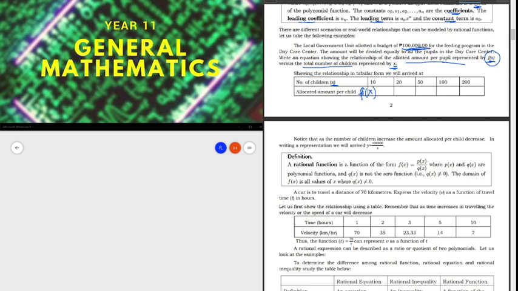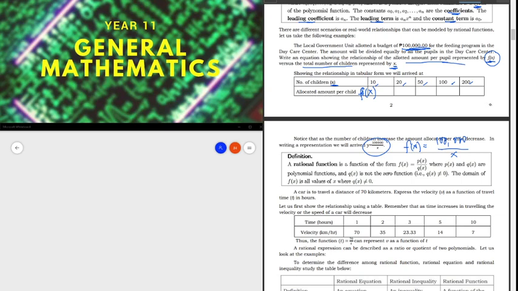Given that we have an allotted budget of 100,000 and number of children 10, 20, 50, 100, and 200, we are given here a function which is f of x equals 100,000 over x. So this x you can substitute by 10, 20, 50, 100, and 200. Why did we divide it? Because we want to know the allocation amount per child.